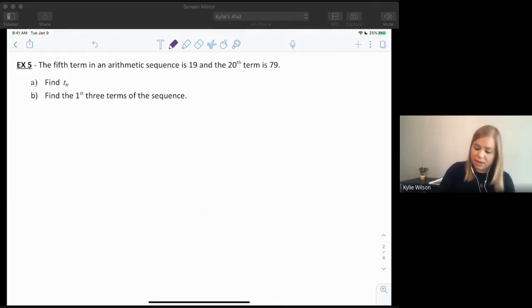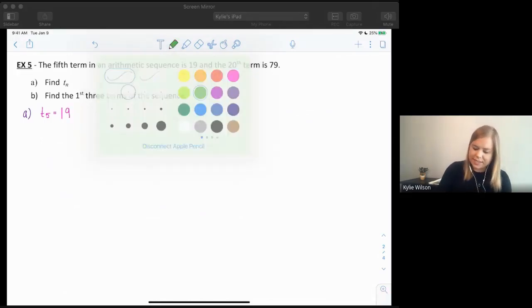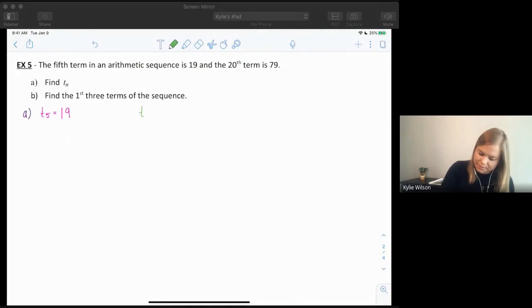Then we're also given, I'm going to put these in different colors and you'll see why in a second, that our 5th term is equal to 19, and our 20th term is equal to 79. So that's all we're given, and we need to figure out our general equation. So let's take the information we're given and put it into a general equation.